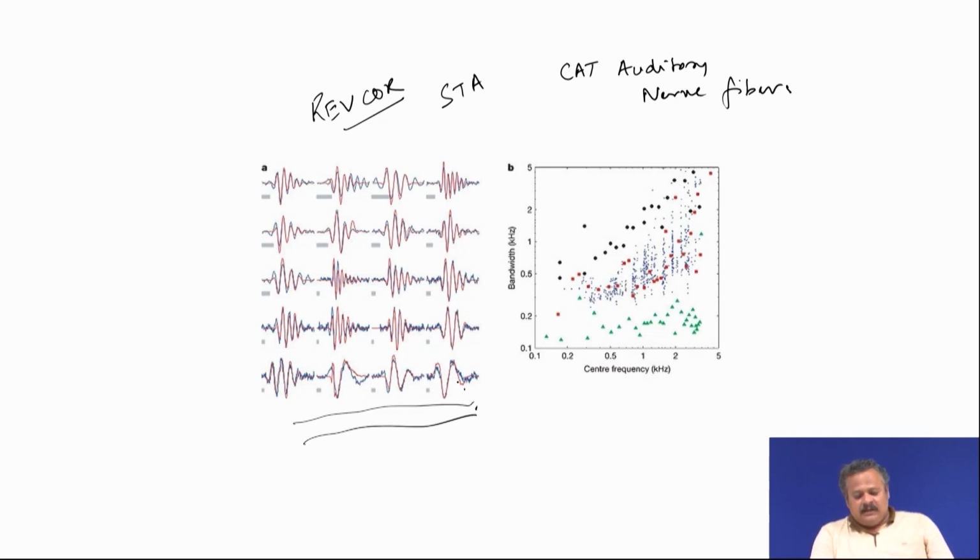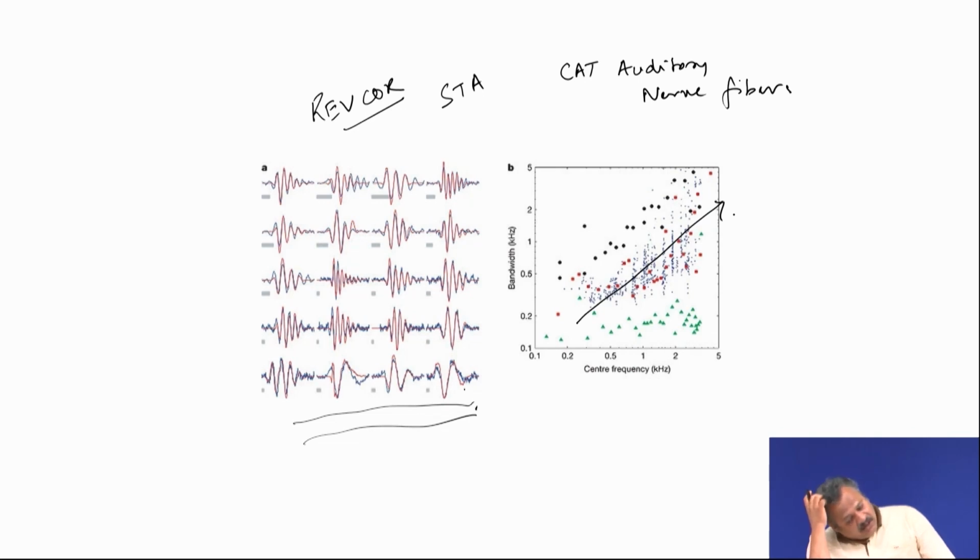One way of quantifying the sharpness of filters is whether they have high bandwidth or low bandwidth, depending on the center frequency. What we have in the auditory system is a gradual increase in sharpness as you go higher in frequency, which is represented here.